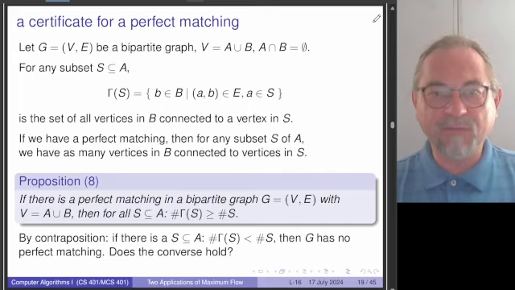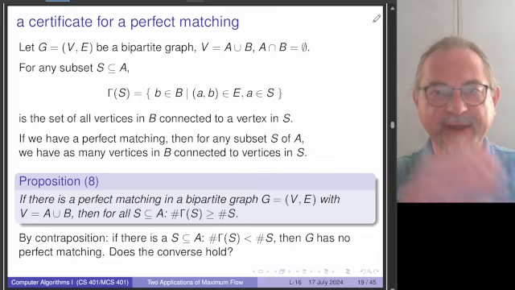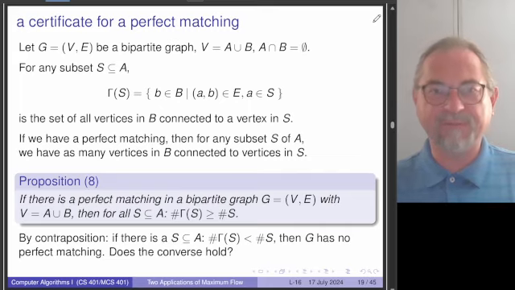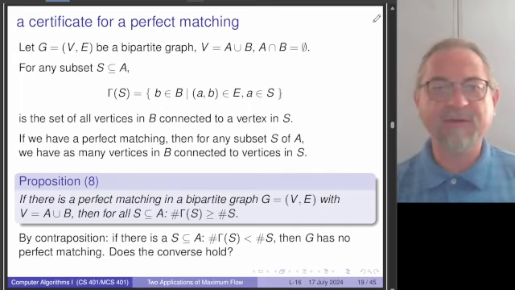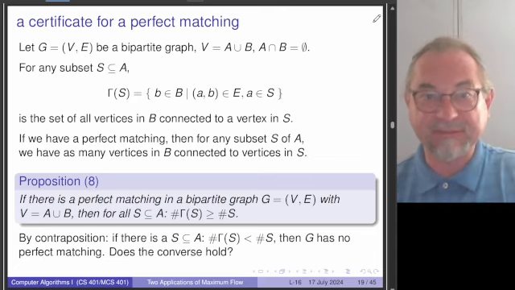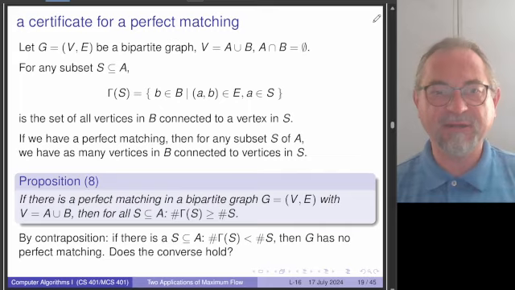So the intuition for this gamma definition is that if you have a perfect matching, any subset is actually connected to another subset that has exactly the same number of vertices. And if there is a perfect matching, then for any subset, the number of connections is at least the cardinality of the set you started with.